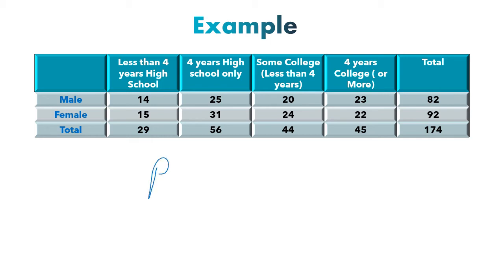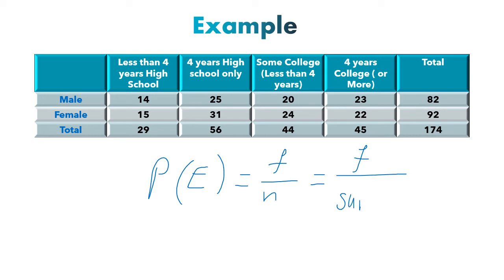The probability of an event is the frequency over n, which is the sum of frequencies. Now, in our case, the sum of frequencies is 174. This is our n, and whatever we see inside is frequency.